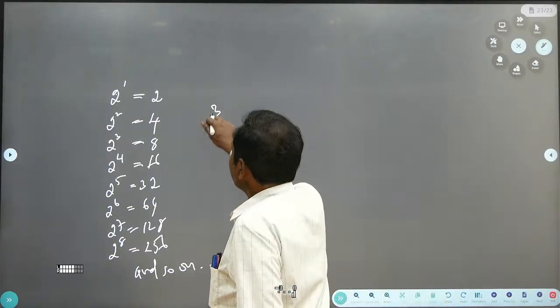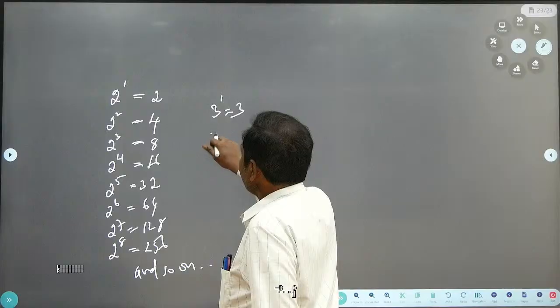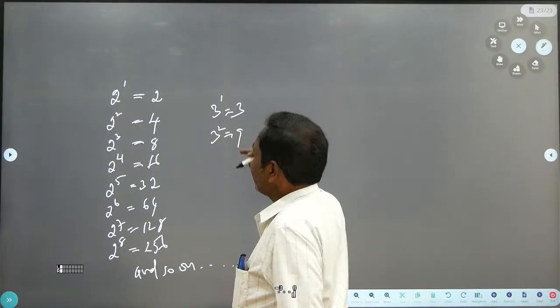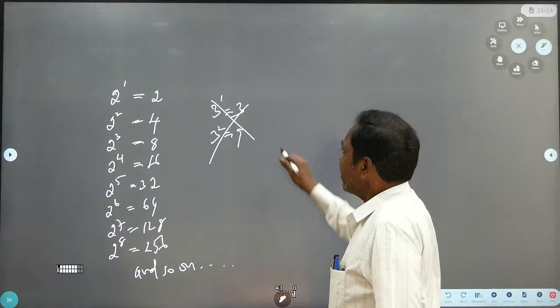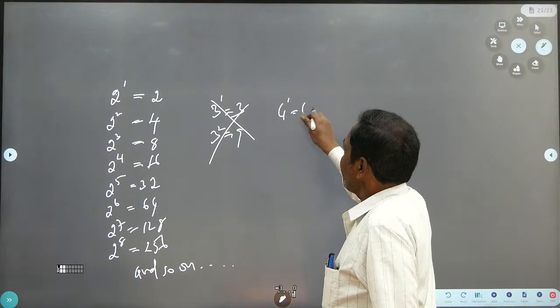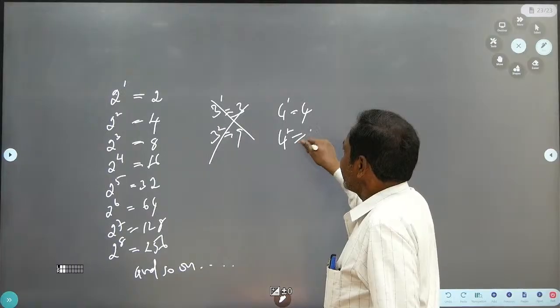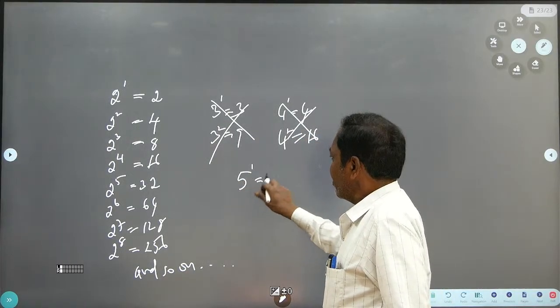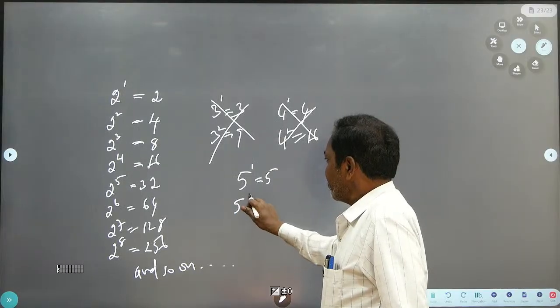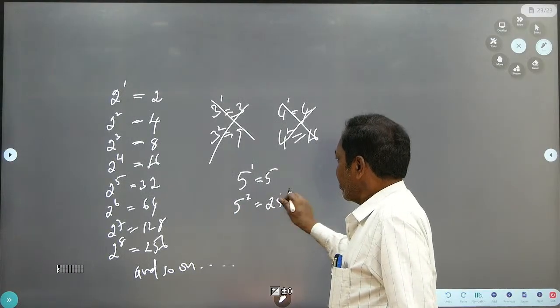For example, if you take 3 to the power of 1 and 3 square, 9, it is not doubling the value. Take 4 to the power of 1, and 4 square is 16. No. Again, 5 to the power of 1 and 5 to the power of 2, 25.